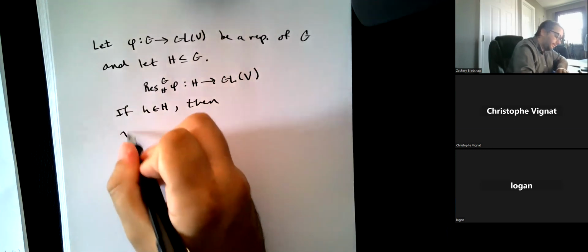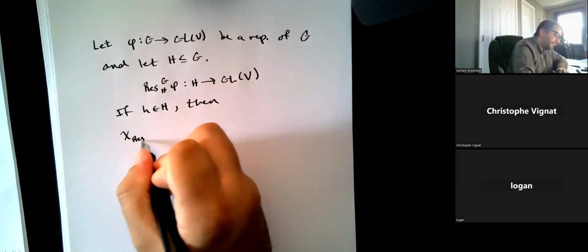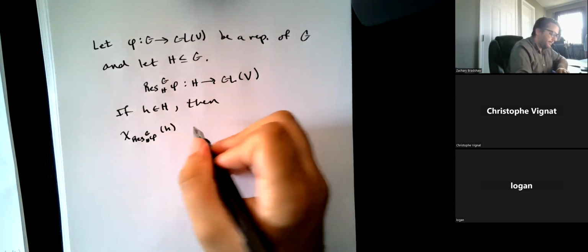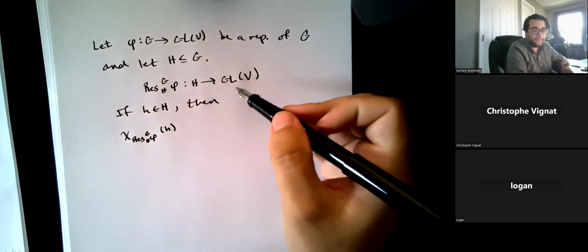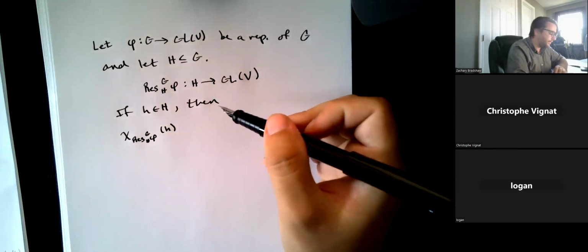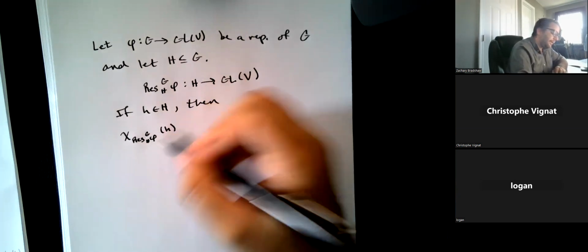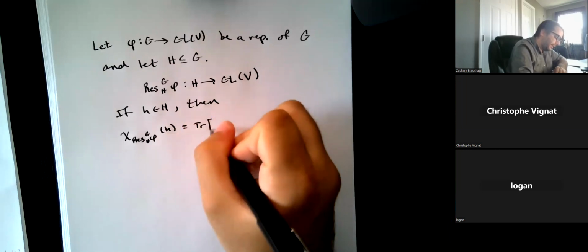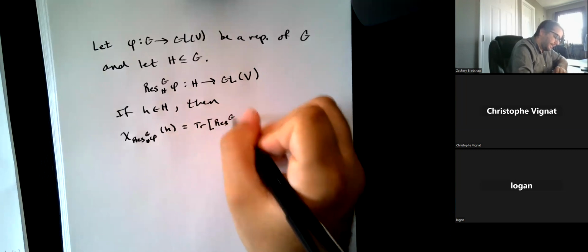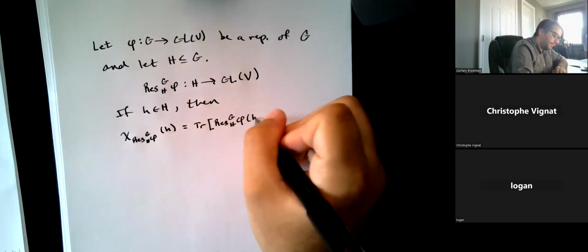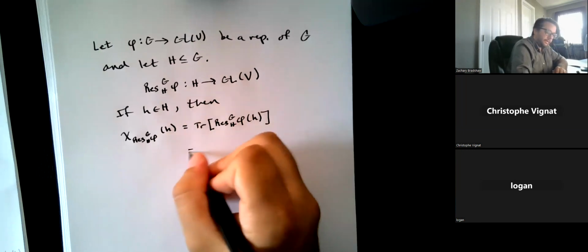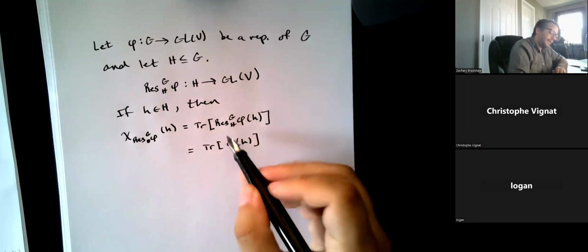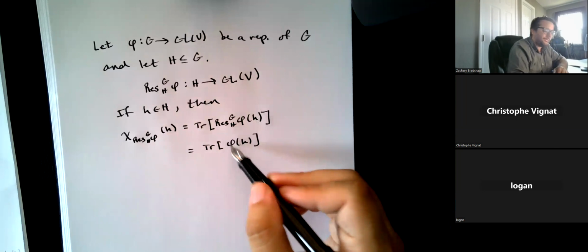And moreover, if h is an element of H, then the character of this restricted map. So I haven't said that this thing is a representation yet. It is. We'll show that later. But the character of that representation is actually equal to the trace of the restricted map at h. And this is the trace of phi of h, right? Because how does the restricted map act on an element of H? Well, it just applies phi.